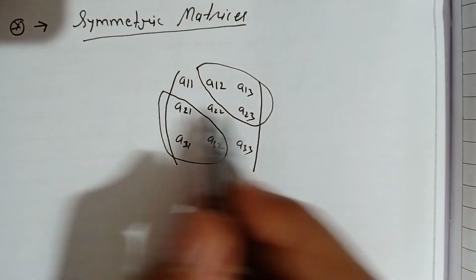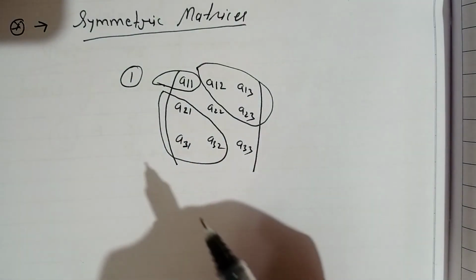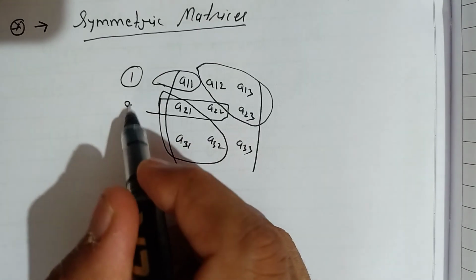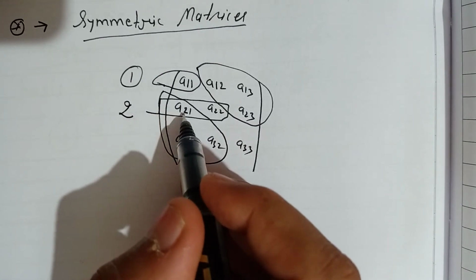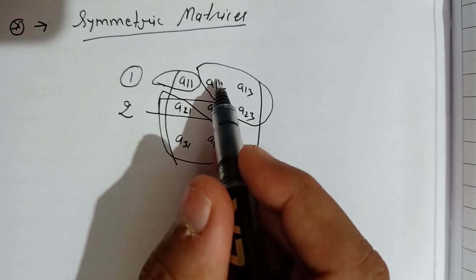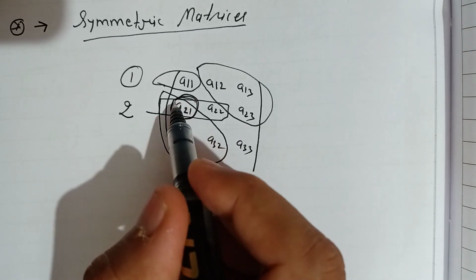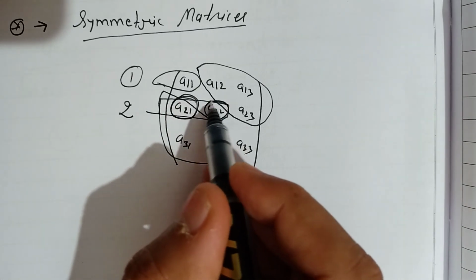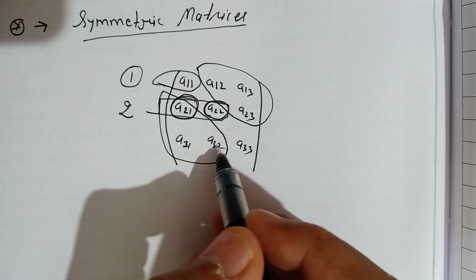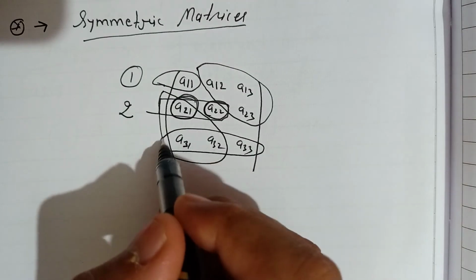Let us see, in the first row only 1 is a free variable, A11. Fine. In the second row only 2 are free variables, because if you fix A21, then A12 is automatically fixed, that is equal only, right? And A22 is free. In the third row all three are free variables.